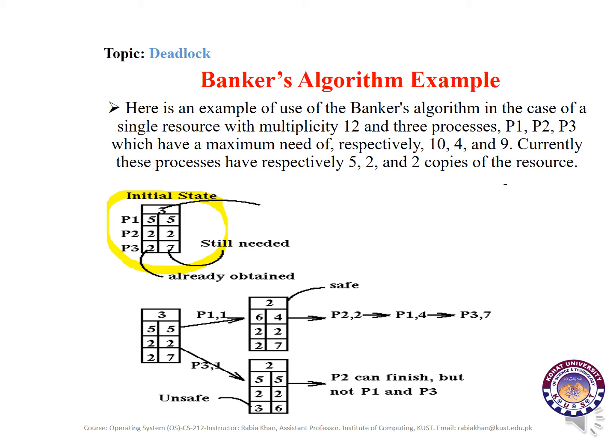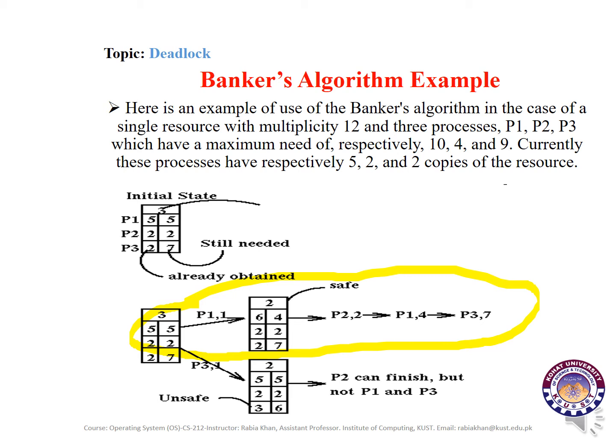So, if process P1 is further given 1 resource, its remaining request would reduce to 4. See the first assignment sequence, the one I highlighted.